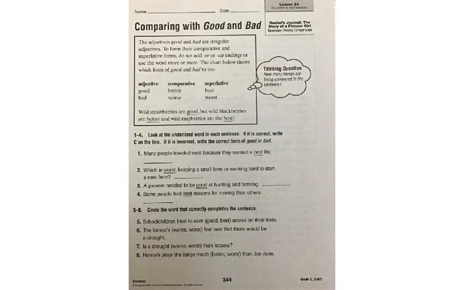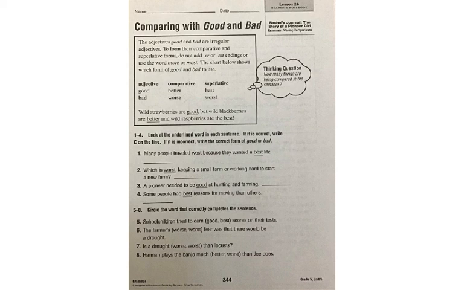On page 344, we're comparing with good and bad. The adjectives good and bad are irregular adjectives. To form their comparative and superlative forms, do not add er or est endings or use the word more or most. The chart below shows which form of good and bad to use. When we have the word good, when we're comparing two things, we make it a comparative adjective and we use the word better.